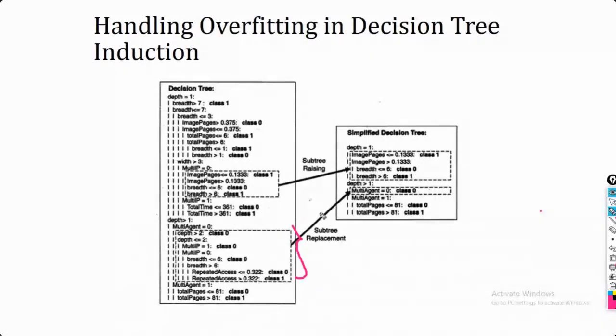The majority is class 0, so I am going to replace all these branches and nodes and make it class 0, because the majority were class 0. So this is subtree raising and this one is subtree replacement.